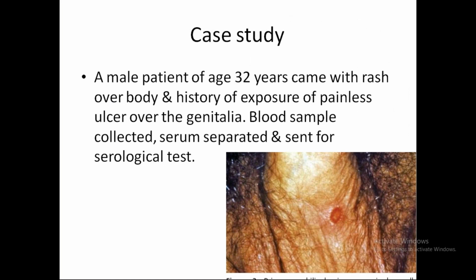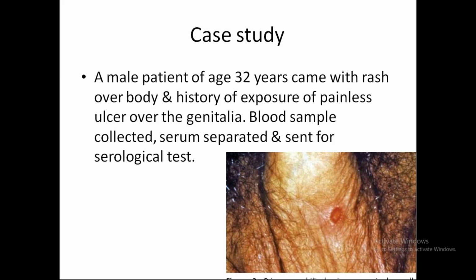Case study. A male patient of age 32 years came with rash over body and history of exposure of painless ulcer over the genitalia. Blood sample collected, serum separated and sent for serological test. So, what is the question about?